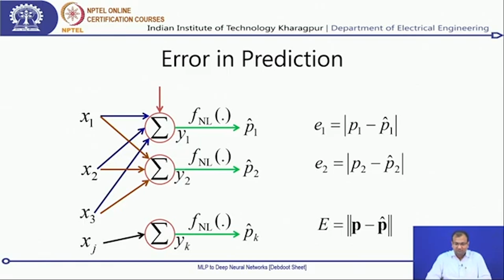So, what we do is find the Euclidean error. The Euclidean error, or the total error of the network, is a scalar value, which is the Euclidean norm or the L2 norm of all my predictors. Whatever my actual ground truth P is and my predicted value P hat, these two matrices are subtracted, and then you take the amplitude, or the L2 norm, of that subtraction.